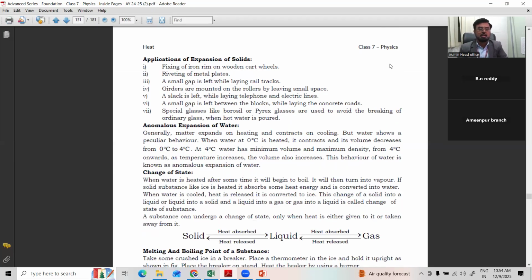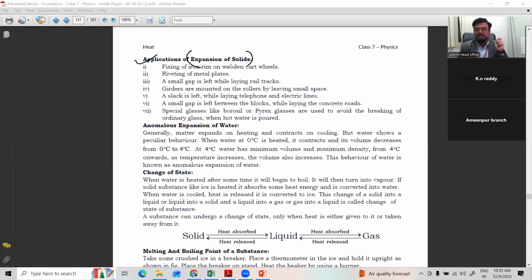Now we come to the last part of the chapter: applications of expansion of solids. Expansion is nothing but change of shape, area or volume, or we can commonly call it change in dimensions.